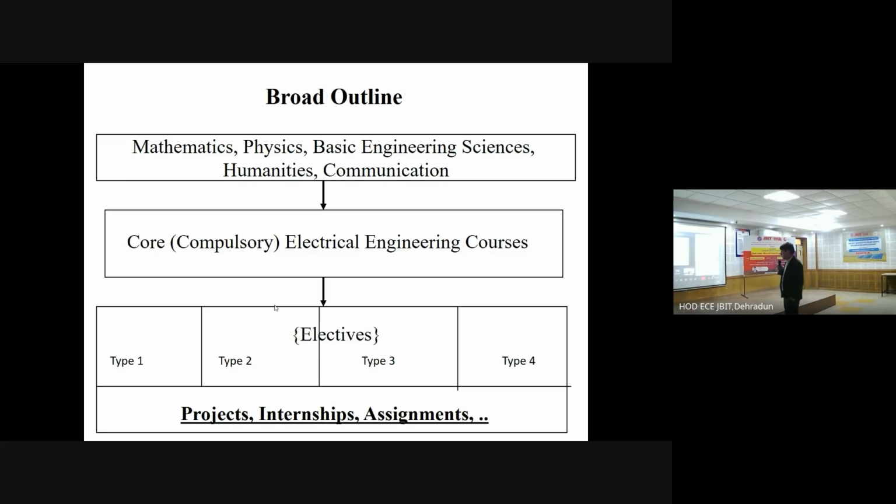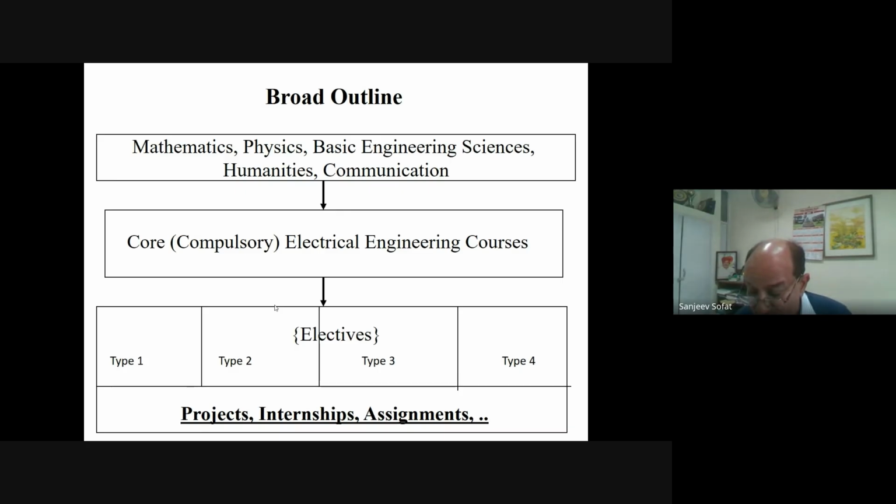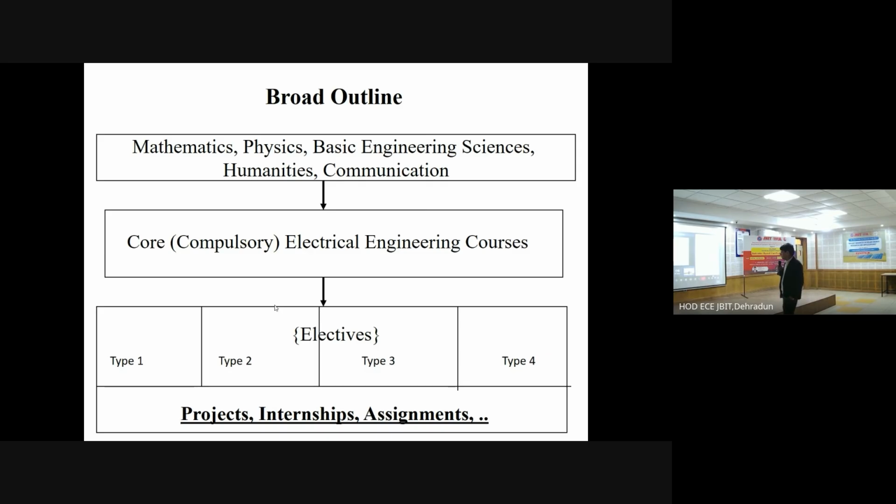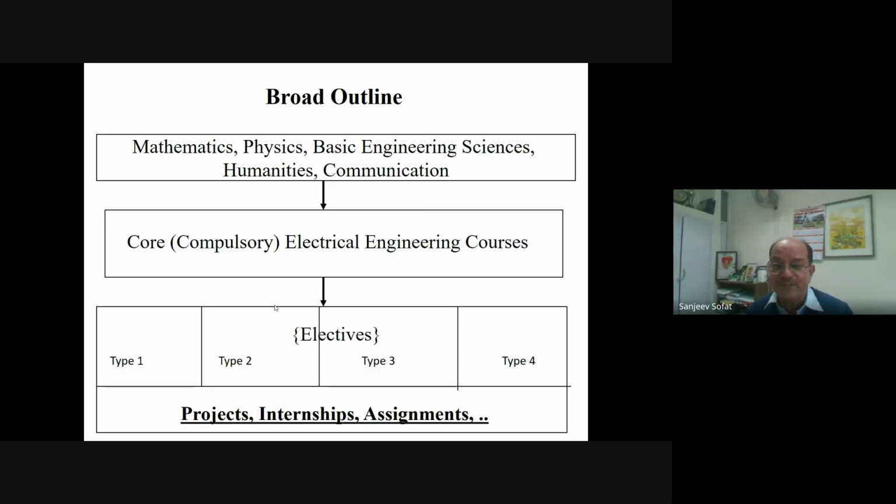Then there is another concept given by the new education policy, the honors program. While doing computer science, I would like specialization in my own branch. We call that the honors program. It is emerging very fast under the new education policy because it gives flexibility in the curriculum. Everyone need not learn the same thing.